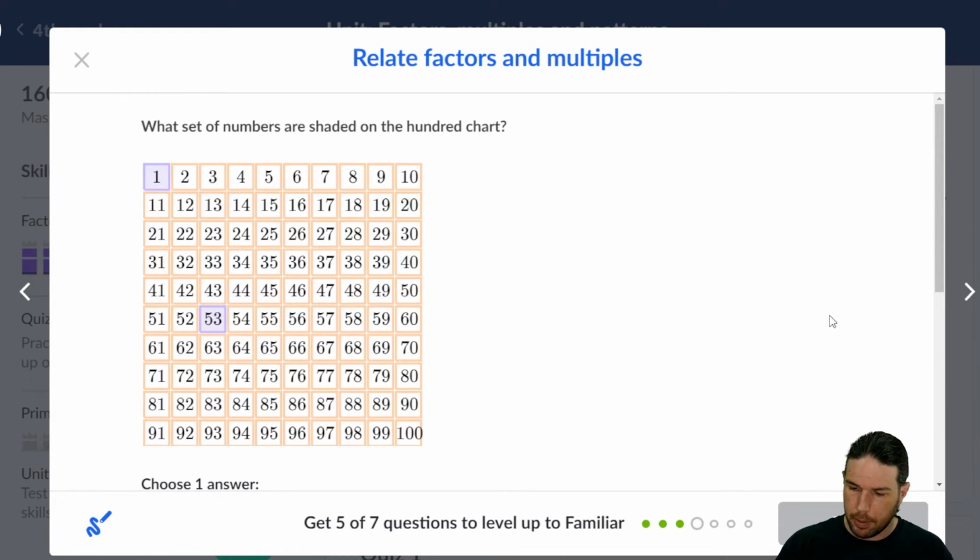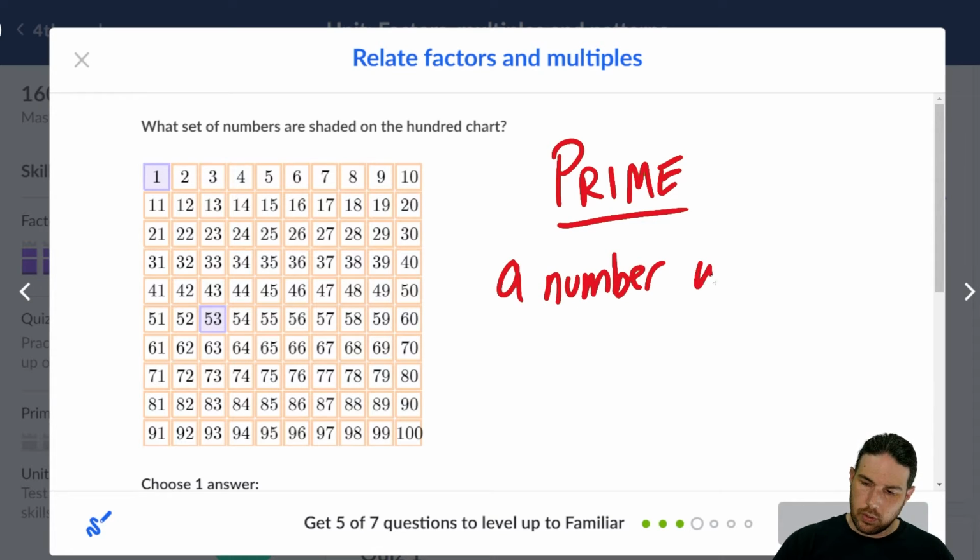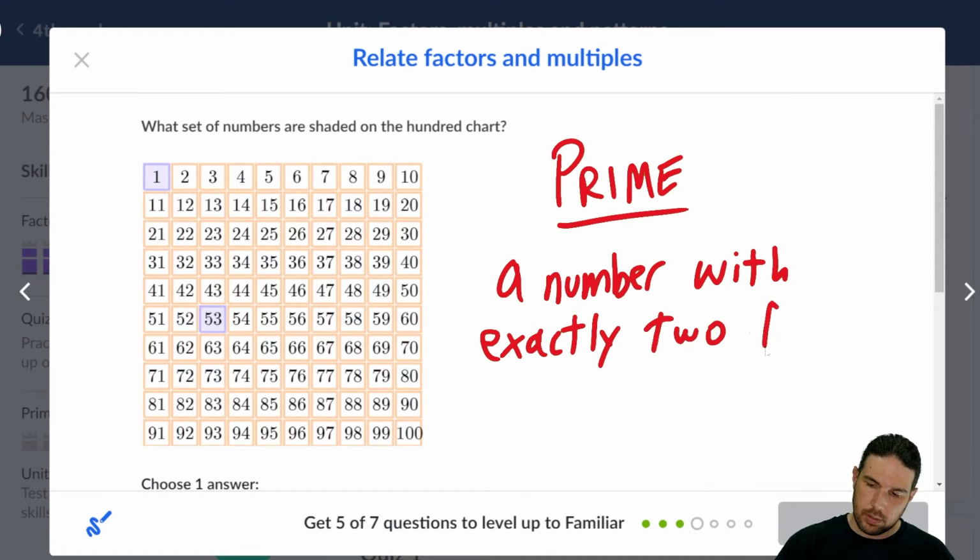A prime number, which I have not said in this stream yet, is a number with exactly 2 factors, which are 1 and itself.